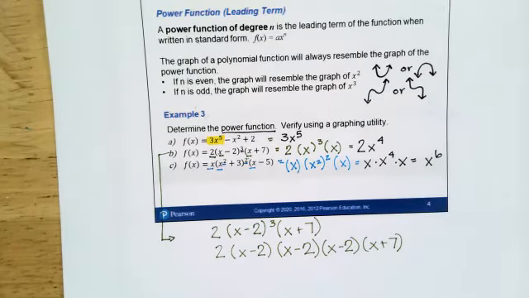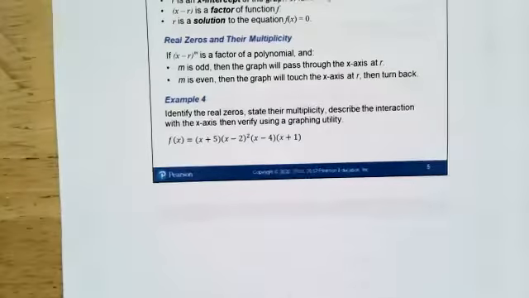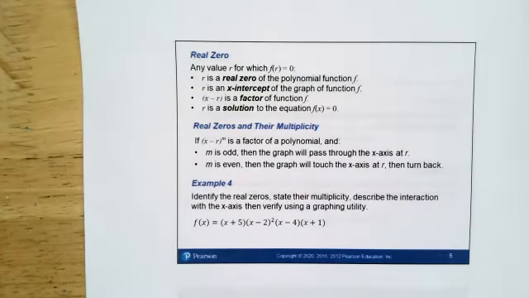So that is what they mean when they ask for your power function, okay? Real zero. A real zero, if you imagine a graph of a function, is where that graph is going to cross the x-intercept, right?